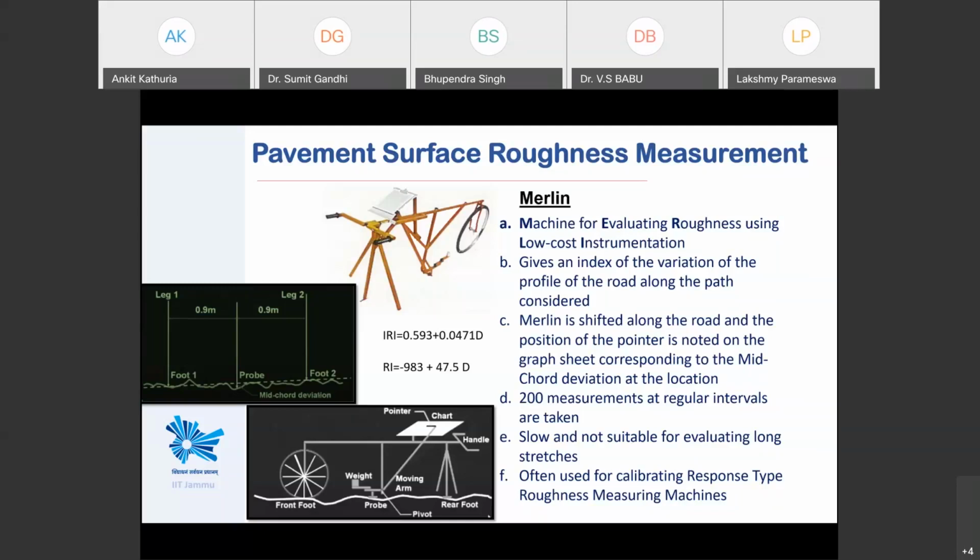So this Merlin equipment is definitely used for calibrating these RTRMM types of machines.